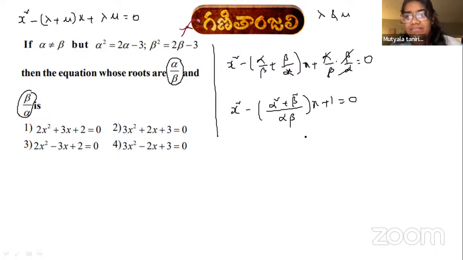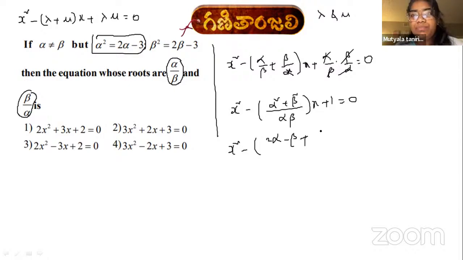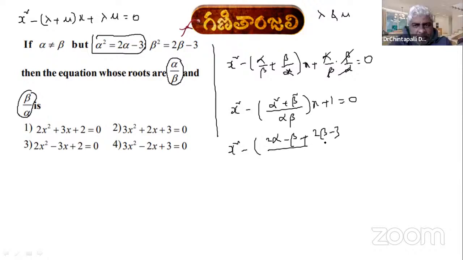Equals 0. Now, x square minus of, what is alpha square given? 2 alpha minus 3. So we can write 2 alpha minus 3 in the place of alpha square. What is beta square? 2 beta minus 3, whole by just alpha beta.